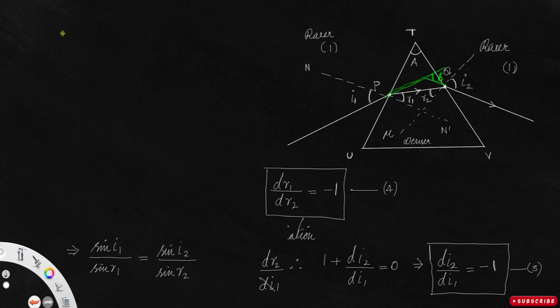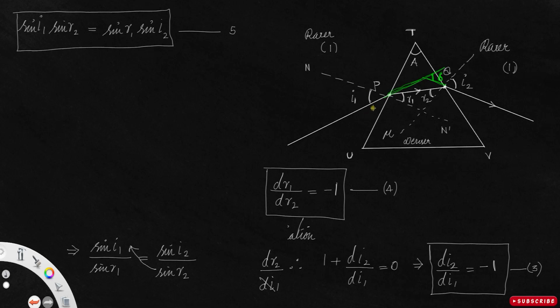And I'll get sine I1 into sine R2 is equal to sine R1 into sine I2. Clear? Let's call this equation number 5.